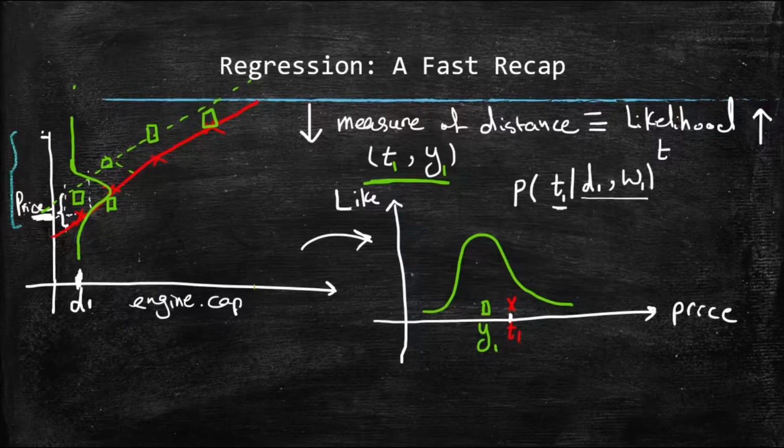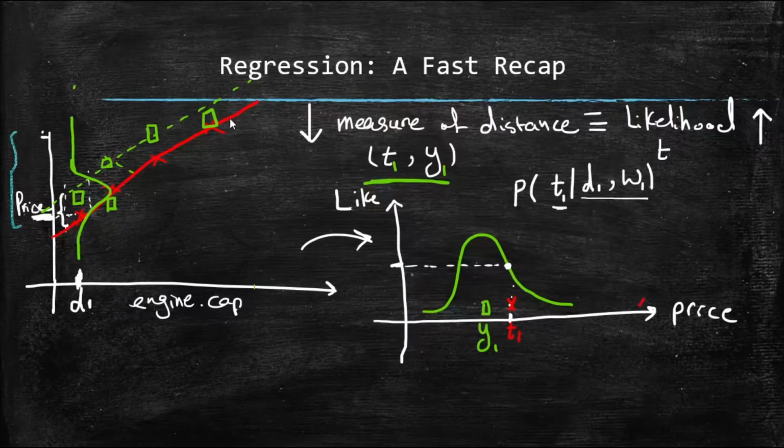into the formula of my Gaussian, I will get a number. So basically I will put this t1 into the formula, and what I will get, this would be the output. This is the output, which is much closer to the previous case where the ground truth was far away.